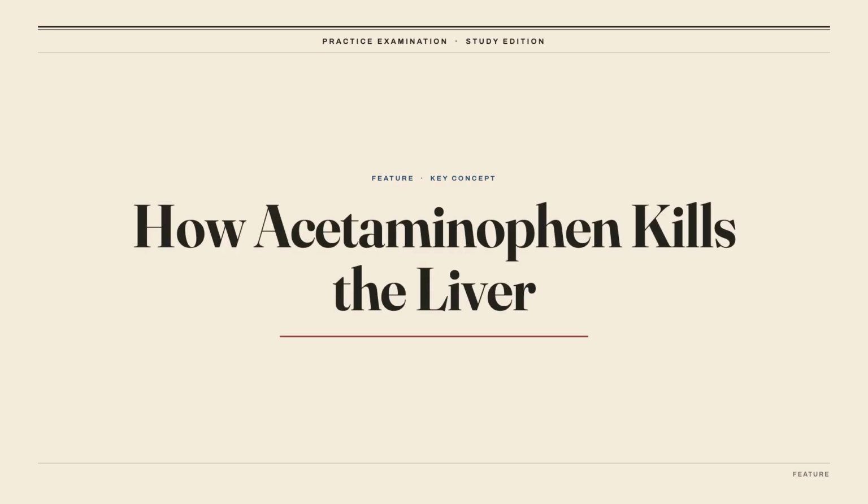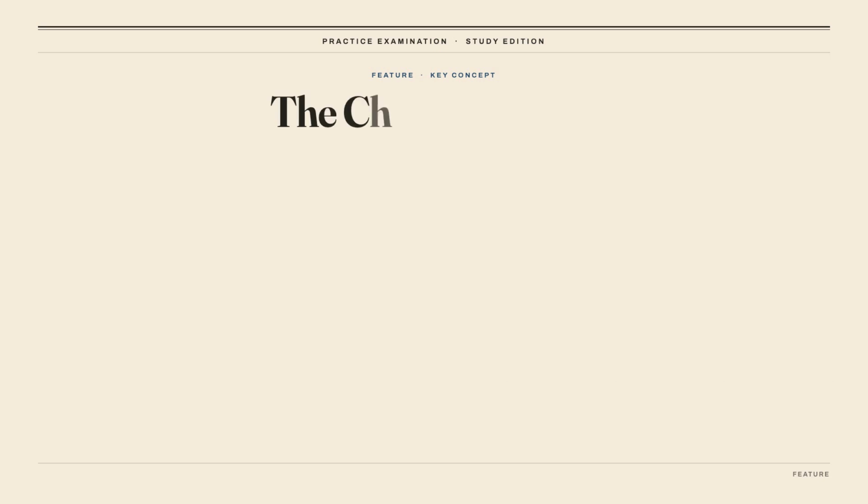The real danger in acetaminophen overdose isn't swallowing the pills. It's the moment the liver's glutathione supply falls behind NAPQI production, and everything that matters clinically follows from that single crossing point. First, the normal safe pathways, glucuronidation and sulfation, become saturated by the massive dose.